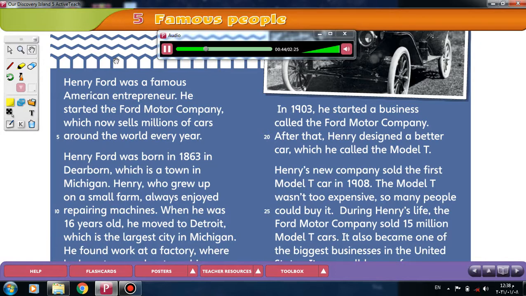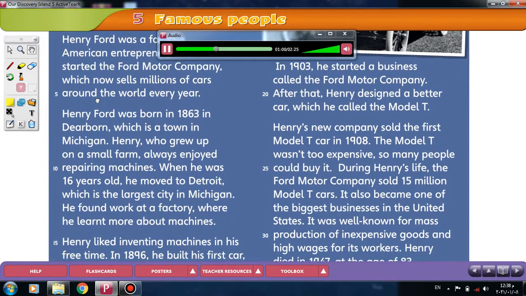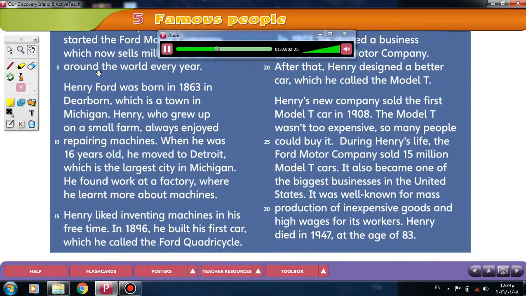Henry, who grew up on a small farm, always enjoyed repairing machines. When he was 16 years old, he moved to Detroit, which is the largest city in Michigan. He found work at a factory where he learnt more about machines. Henry liked inventing machines in his free time.